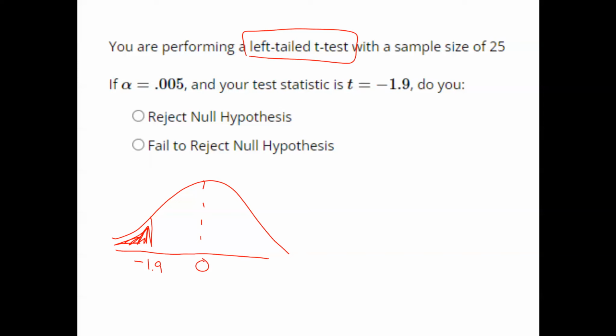So it is over there to the left of there. Okay, so I need to find the p-value, which is the area under the curve to the left of a t-score of negative 1.9. So the p-value is this area under the curve.